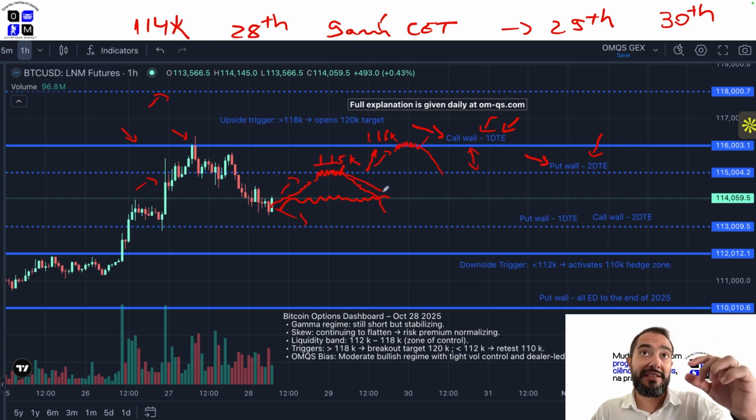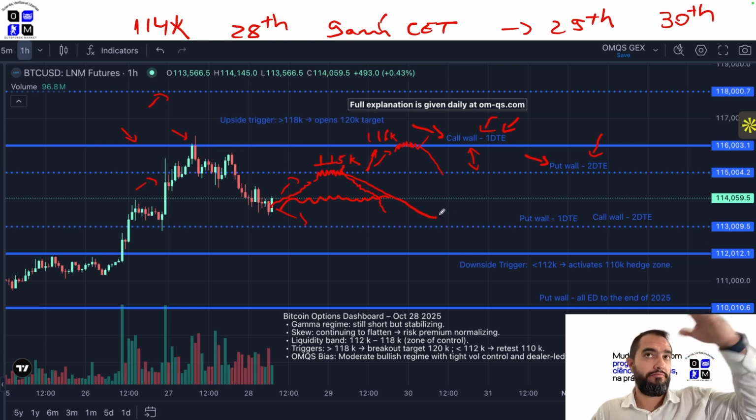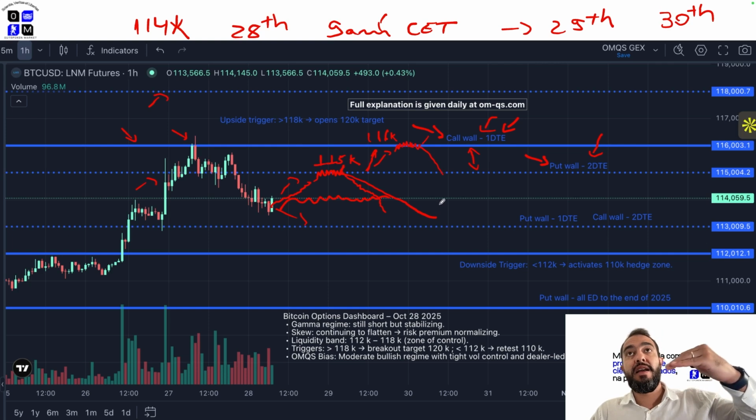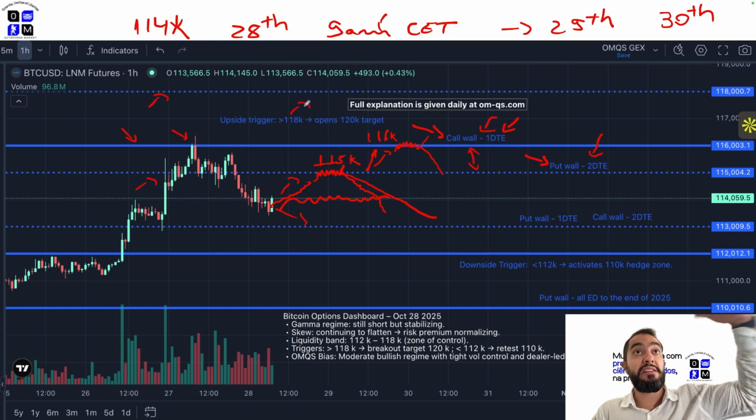While if it bounces back, I have a much wider environment to play around. Best case scenario, there is even the upside trigger, which is 118, for example, for that day. So breaking up 116 takes you freeway to 118. The same goes for the down levels.